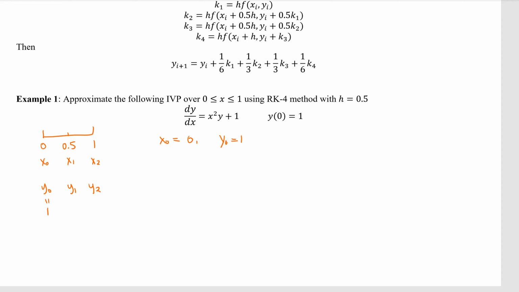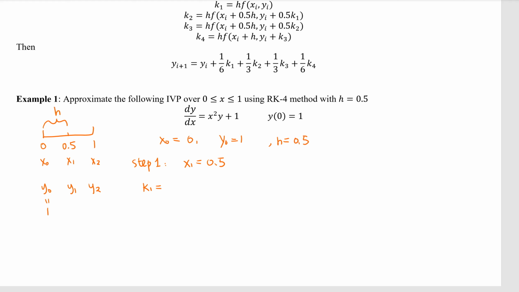So far, so good, everybody? Okay, first step. Step 1, x1 is 0.5, right? And then what is k1? k1 is h. By the way, h is the step size, which is 0.5.